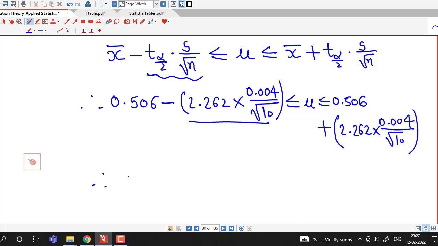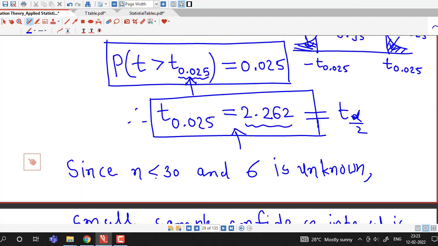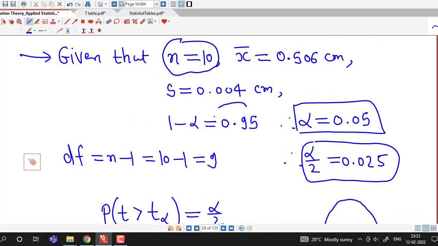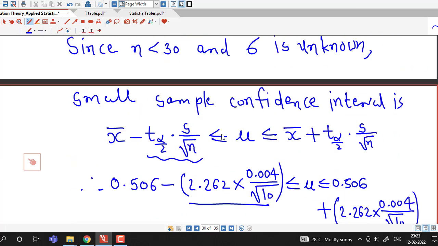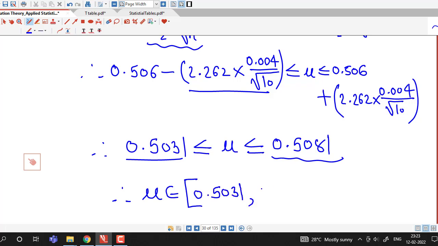So using a scientific calculator I obtained that the confidence interval required is 0.5031 less than or equal to mu less than or equal to 0.5081. So we are sure with 95% confidence that the population mean mu for the given process lies between these two values, 0.5031 to 0.5081.